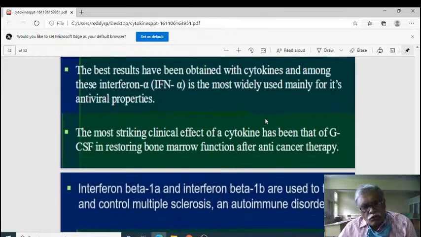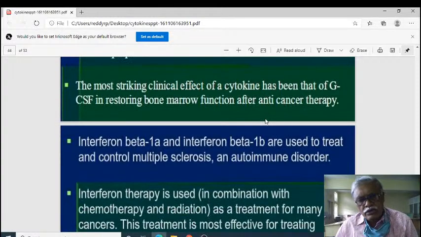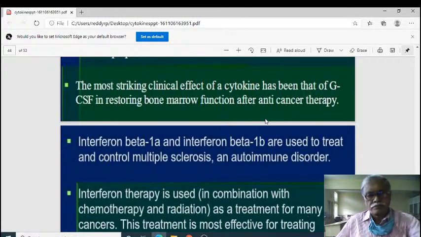The most striking clinical effect of a cytokine has been that of G-CSF, colony stimulating factor, restoring bone marrow function after anti-cancer therapy.